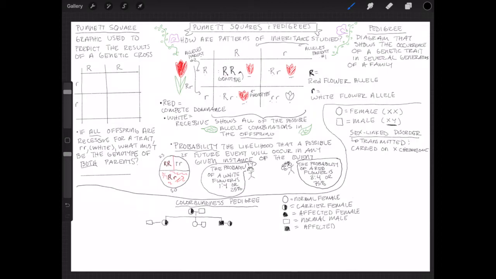When my normal male and my carrier female have kids, is there a probability that someone could have the gene? Yes, because mom's a carrier. They're going to have 3 kids: normal male, normal female, and another carrier female.